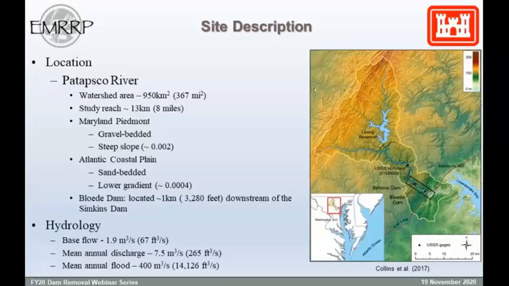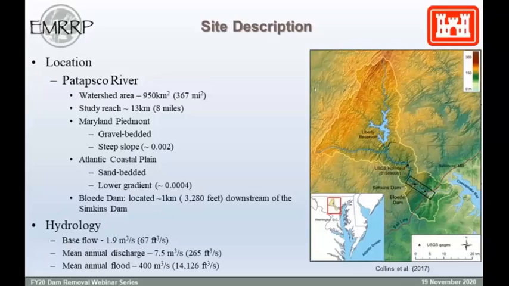And right at the fault line, also shown on the picture, in the lower parts of the study reach, it's within the Atlantic Coastal Plain. That part of the reach is fairly different from the Maryland Piedmont because it's sand-bedded and the gradients are lower.